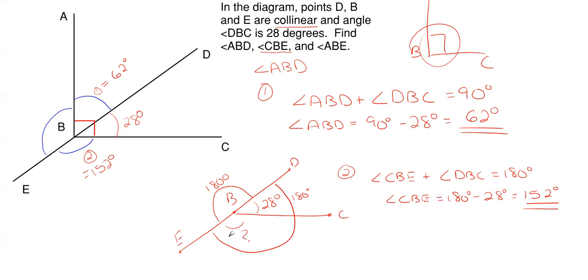All righty, one more to go. Looking at my picture right here that I still have, this angle all the way across, because EBD is still collinear, that's 180 degrees all the way across there. Using the same methodology that we just did for point number 2, finding angle number 3 is almost exactly the same thing. We're going to take 180 degrees minus 62. So let's do that real quick.